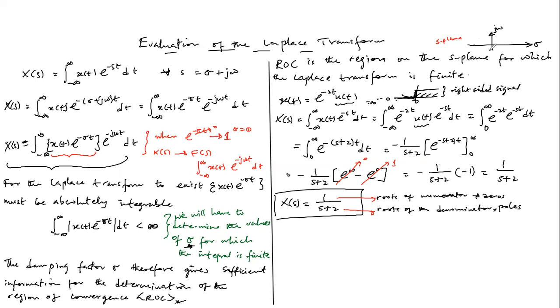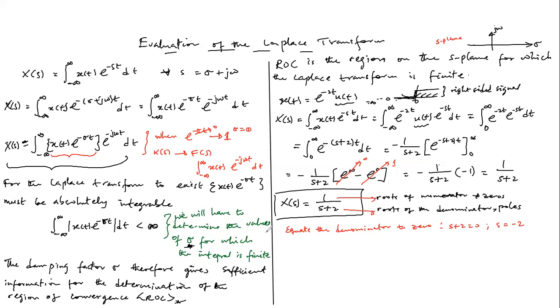Now, in this case, we have poles. We have a pole here, okay? Because should we equate the denominator to 0, that is s plus 2 equal to 0, then s is the same as minus 2.